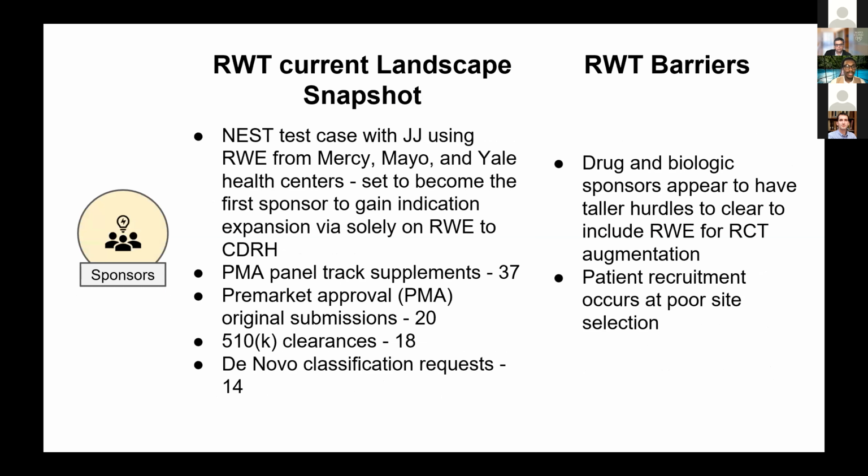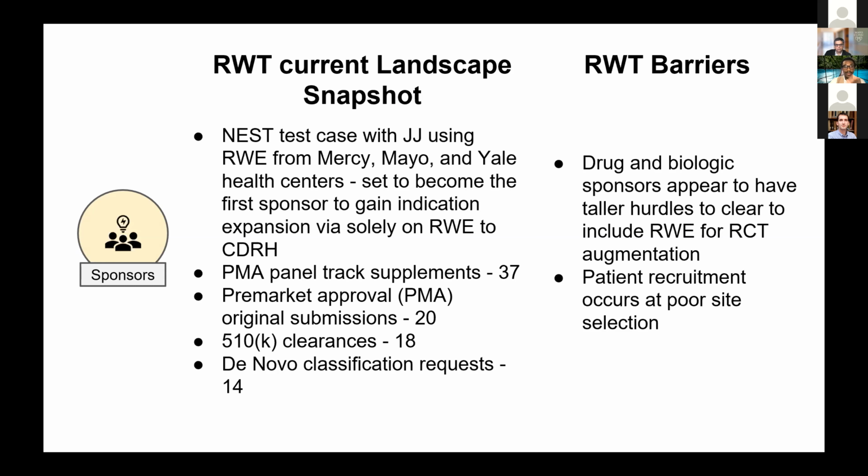Under sponsors, the current landscape. There's a test case that NEST produced on their website where Johnson & Johnson used some real-world evidence, and they partnered with healthcare institutions from Mercy, Mayo, and Yale New Haven Health.